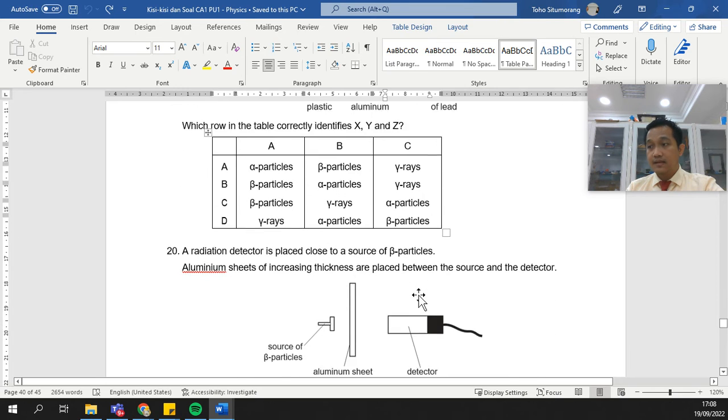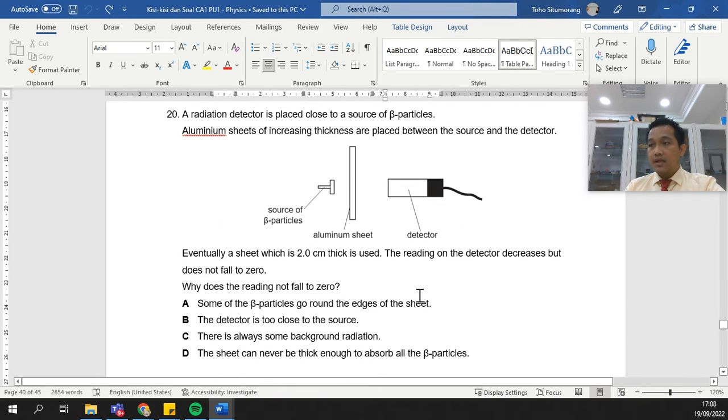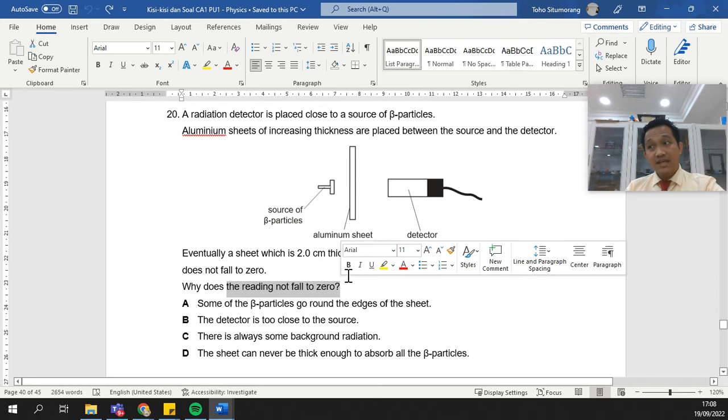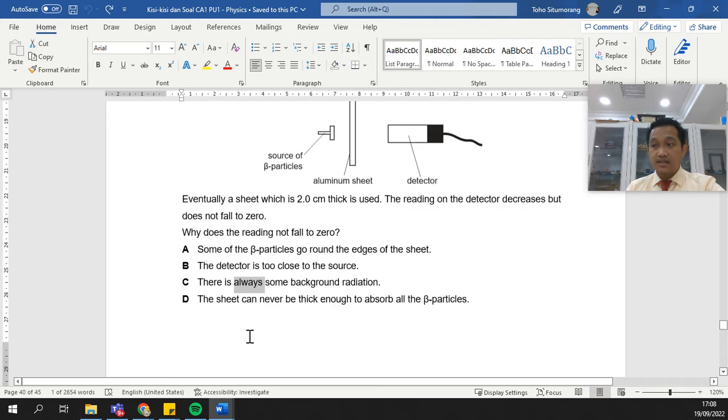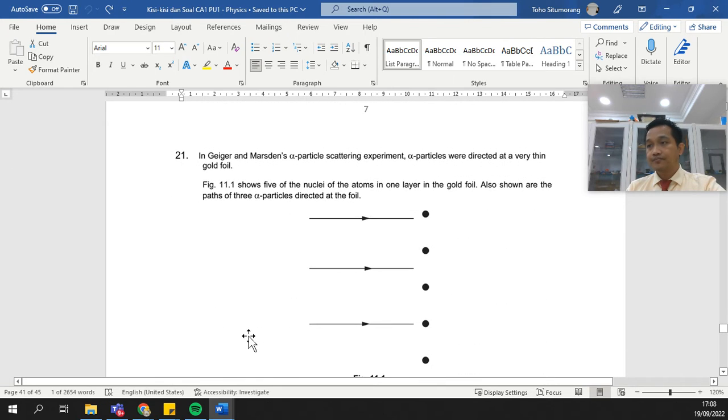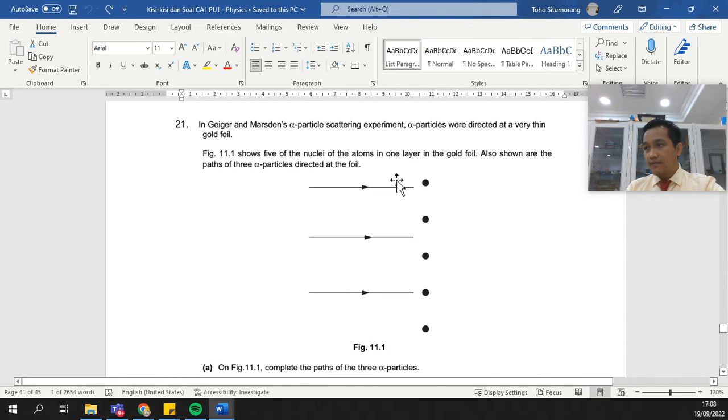The answer is B. Number 20, why does the reading of this detector not fall to zero when the aluminum sheet is increased? That is because in our logic, the beta particles should already be stopped, but there's always some background radiation that we cannot avoid.